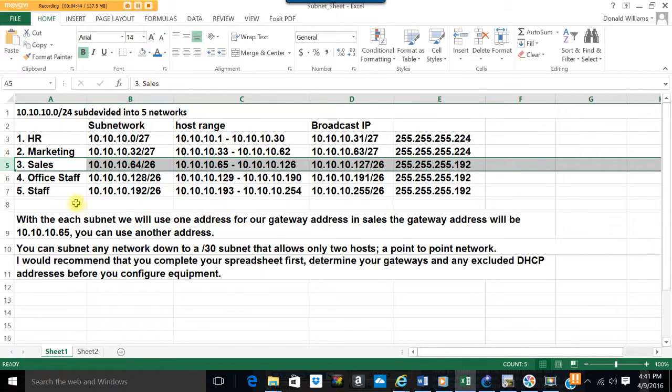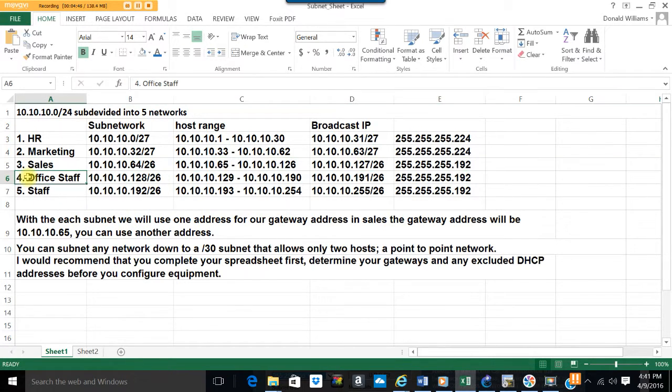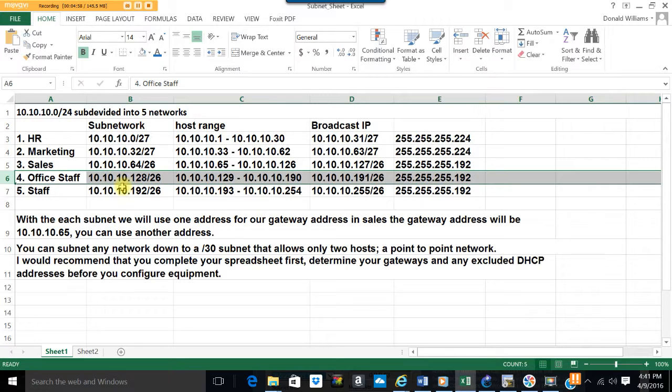Now, the office staff that he mentioned, they have 100 employees, but they're divided into 2 groups, and he wants to separate those 2 office staff groups into separate networks. So what we came up with is 10.10.10.128 as the first network IP address, and the host IPs are 10.10.10.129 through 190.